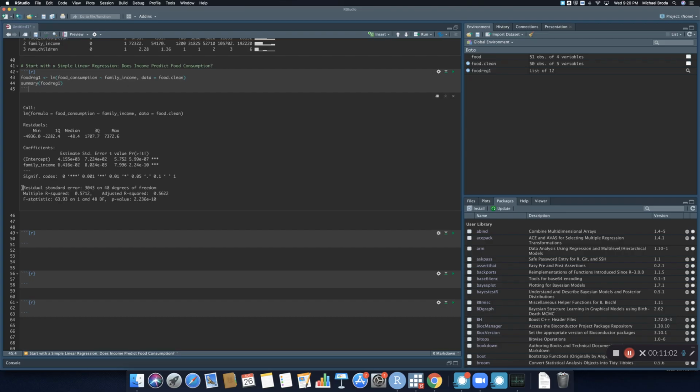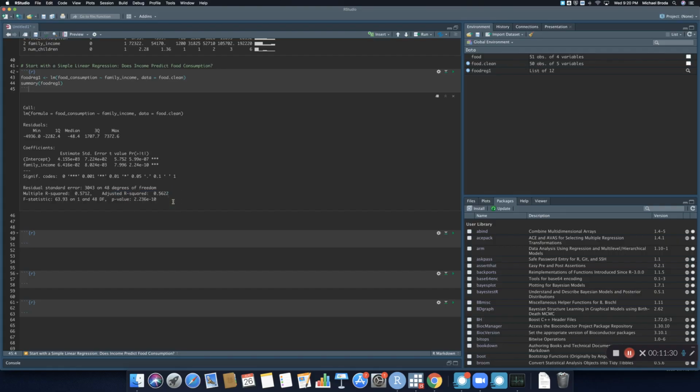And then we get what's called the residual standard error. So this is another measure of model fit. Ideally, we would want this to drop as we added predictors. I don't generally look at that as much. For me, I really like to look at the adjusted R-squared or the multiple R-squared, but adjusted is really better. So this is equal to 0.56.